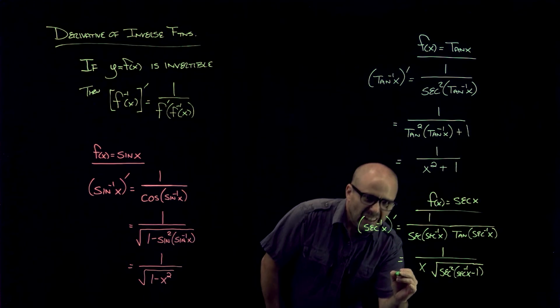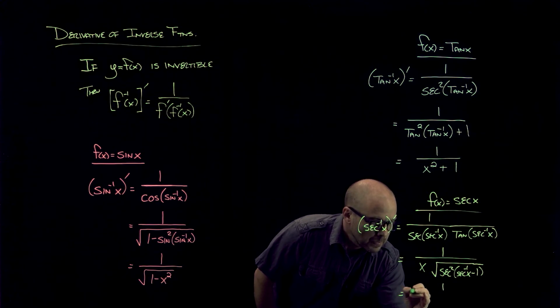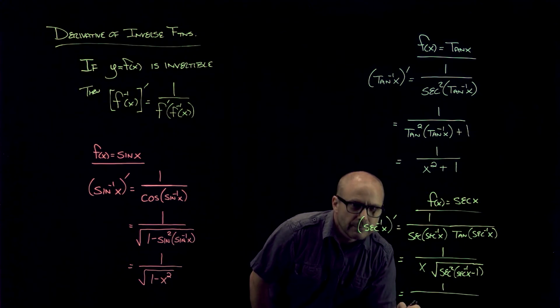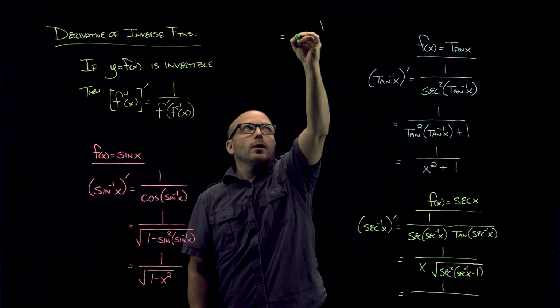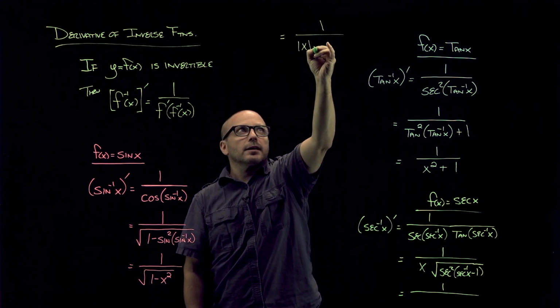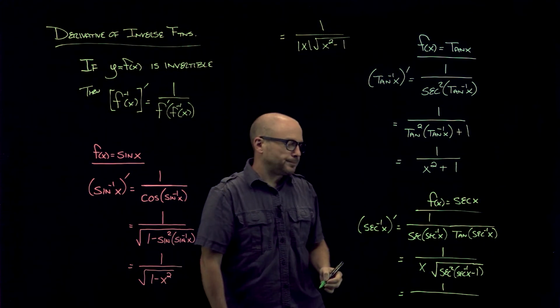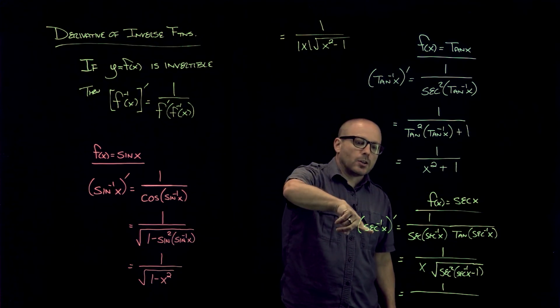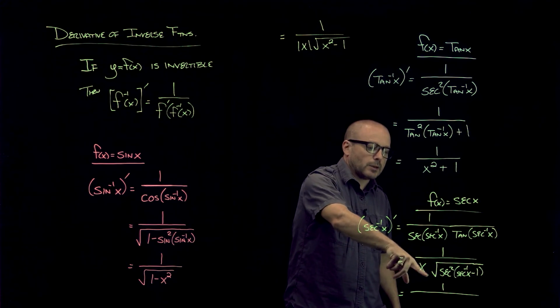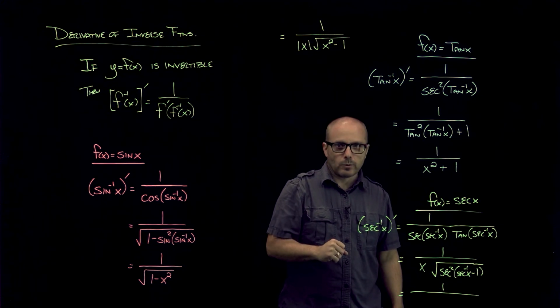So lastly, it'll be 1 over the absolute value of x, square root of x squared minus 1. The absolute value is because I know the slope has to be positive, and that's really how I'm dealing with that plus minus from taking the square root.